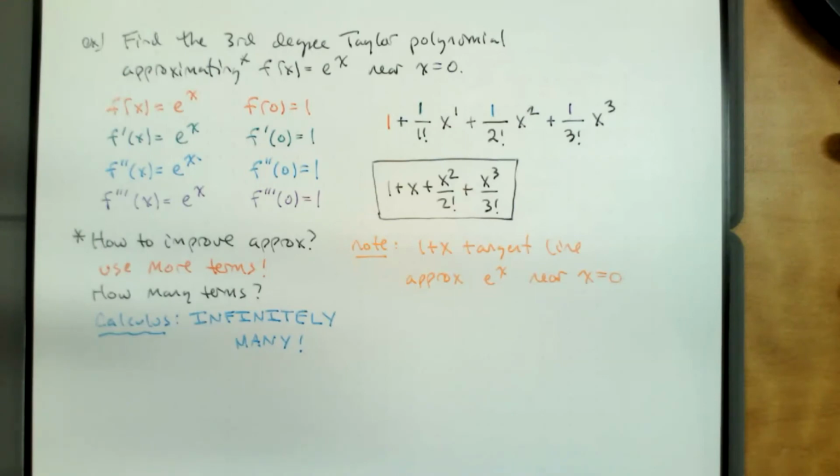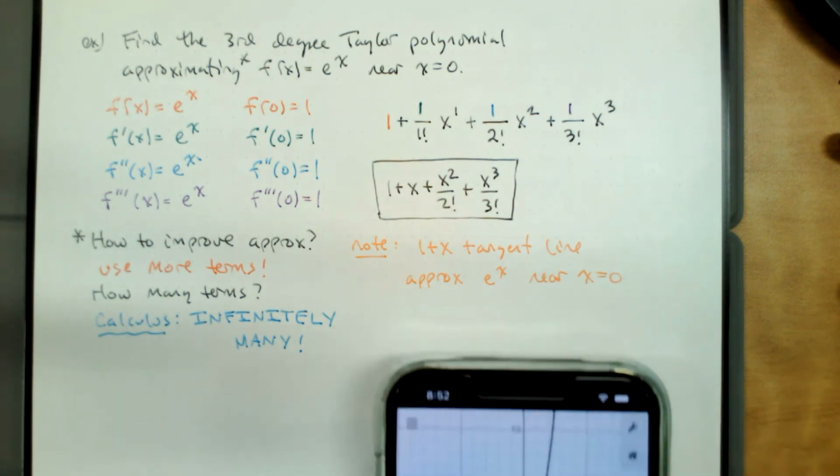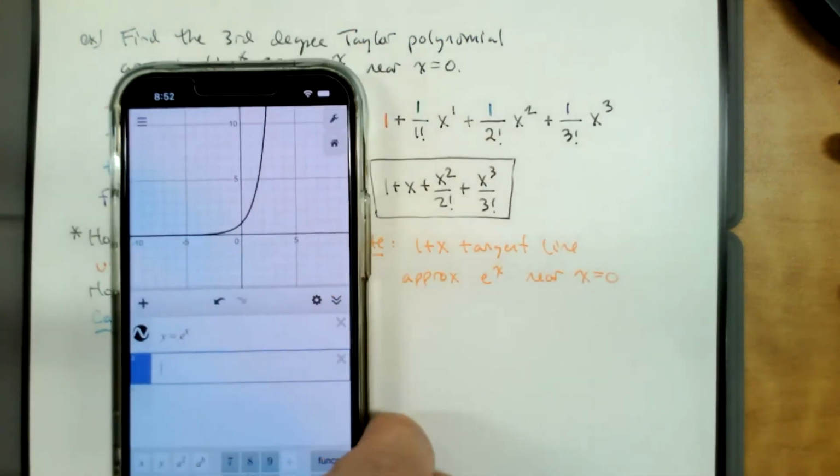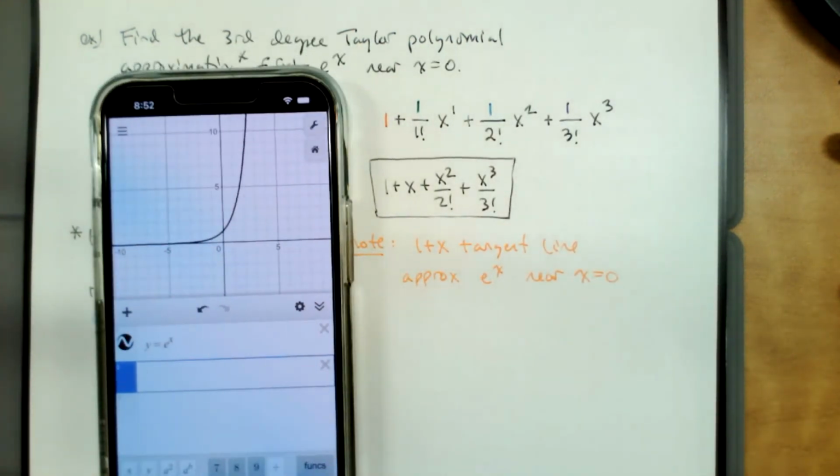Let's take a look at the function e to the x. What we're going to see is that the more terms we include, the more the polynomial starts to look like e to the x.